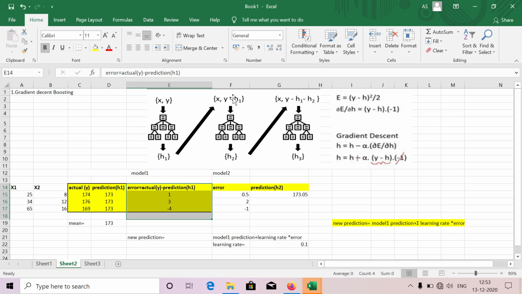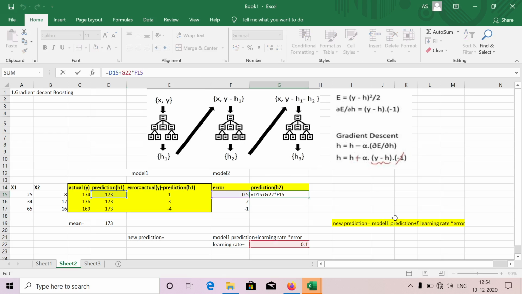In the next iteration this error will be reduced. For example, this is my h2, and let us assume the error is reduced to 0.5 in the second model. Then we can calculate the prediction of model 2 using this formula.